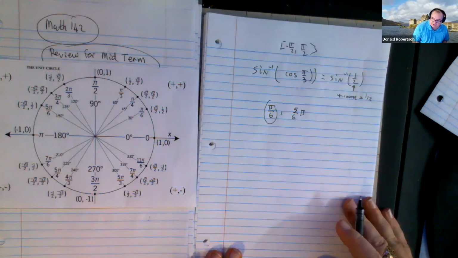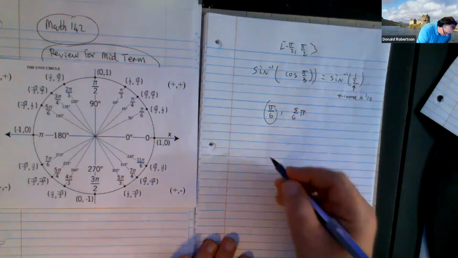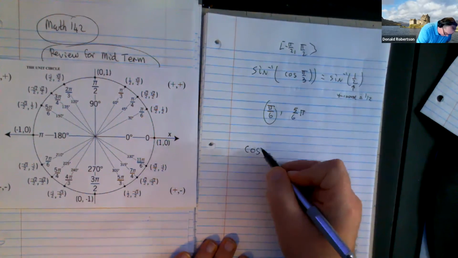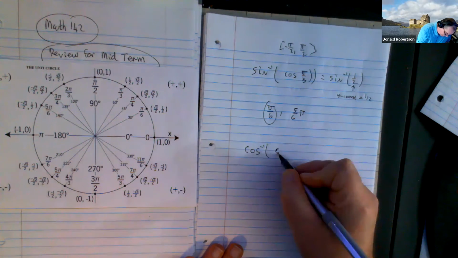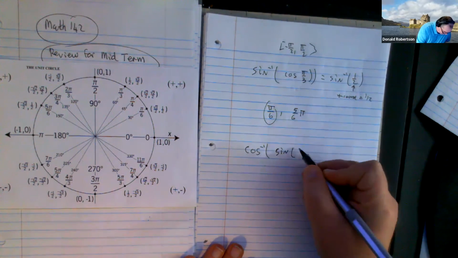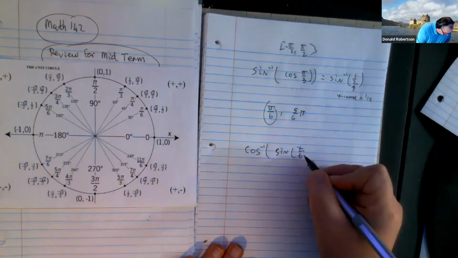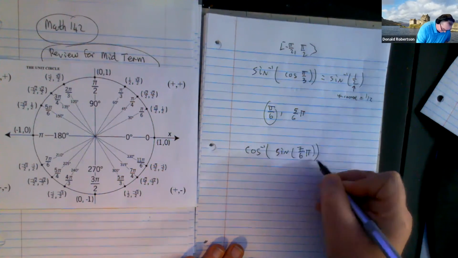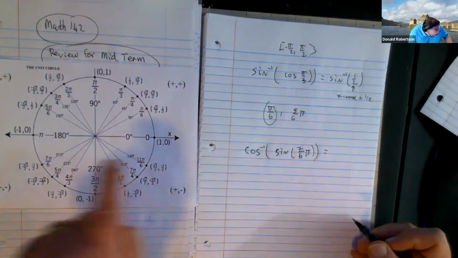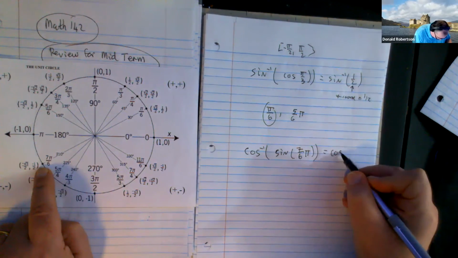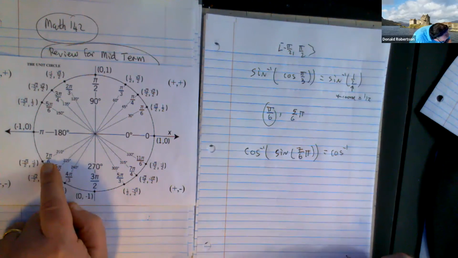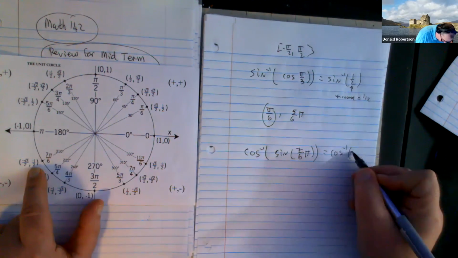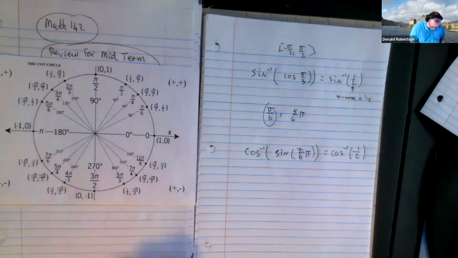So far, so good. Right, let's put in an inverse cosine, and I want to find the sine of 7/6 pi. The first bit is a number that you get straight from here. So it becomes the inverse cosine of the sine of 7/6 pi, and a sine is the y coordinate, so it ends up being negative a half.